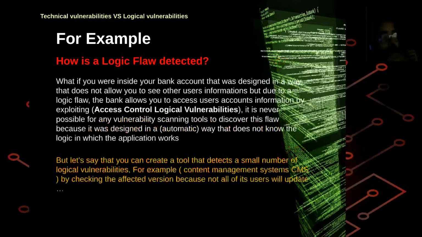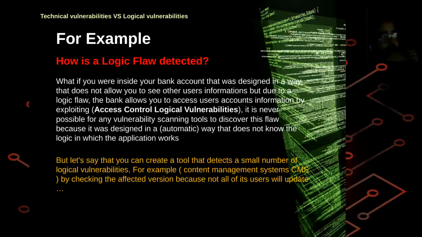But how is a logic flaw detected? What if you were inside your bank account that was designed in a way that does not allow you to see other users' information, but due to a logical flaw, the bank allows you to access users' account information by exploiting an access control logical vulnerability.